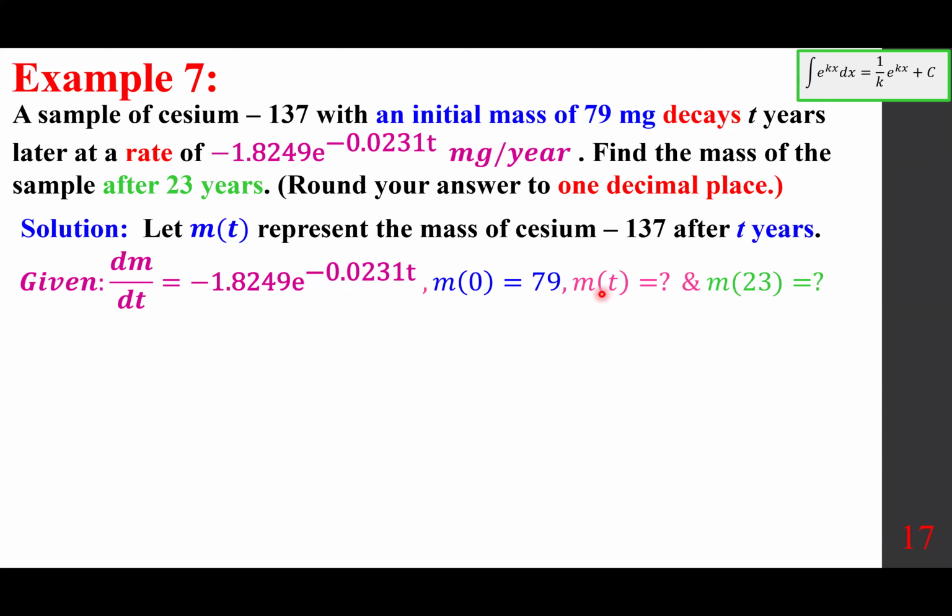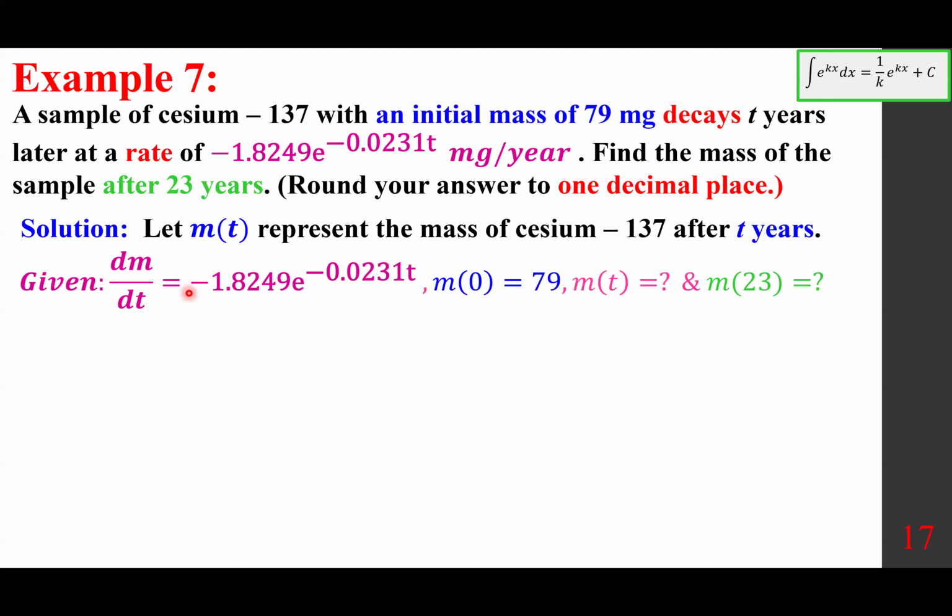So how do we find m of t? We put the dt next to this and we integrate this. If we integrate this times dt, that would be m of t, everybody. So we are going to find m of t. The integral of e to the power of kx is itself divided by k. So the answer is itself.